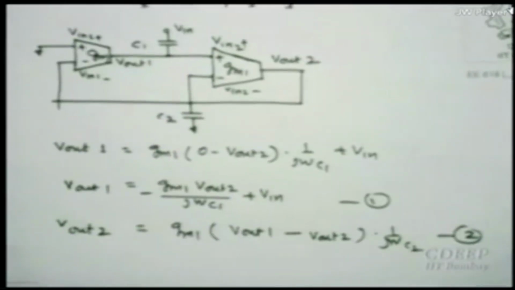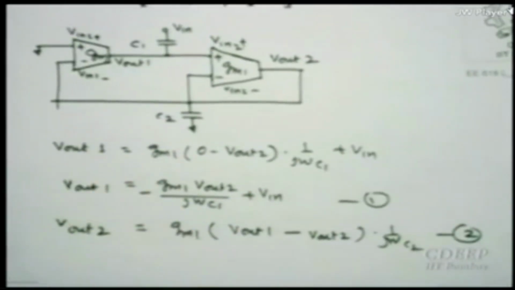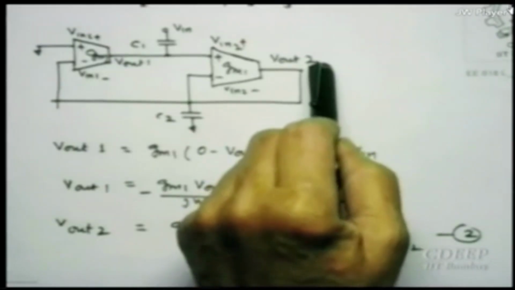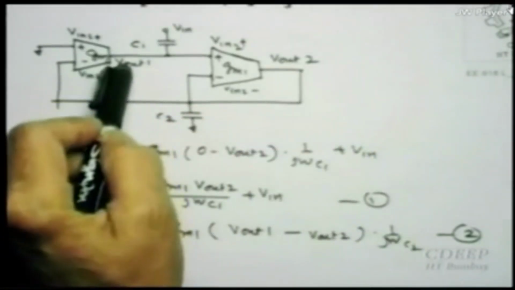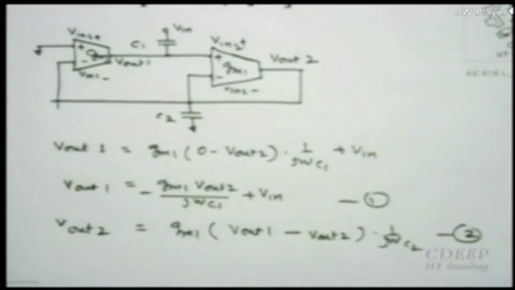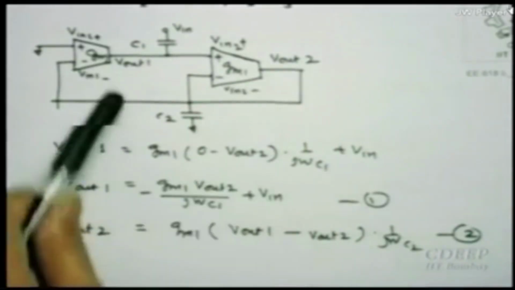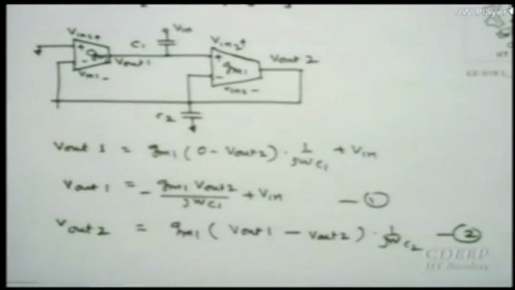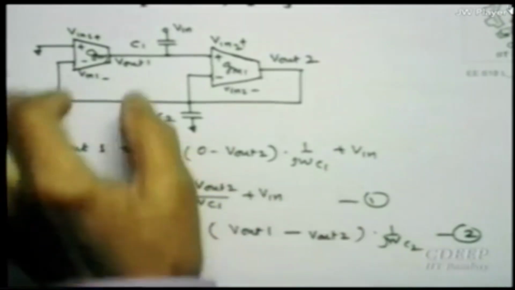By the same method which I followed just there, I figured out V out 1, I figured out V out 2, substituted V out 1 into the equation for V out 2 which I did just now. Only thing now is that a slight change has occurred: this voltage plus Vn is essentially the output. Is that clear to you?